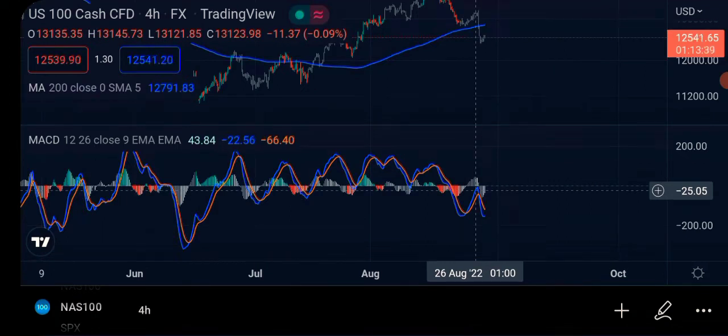It's crossed, yes, it might come down, but it still doesn't mean that it won't retrace back up. So we need something we call confluence. Confluence means a confluence point, a point at which 2 or more factors meet.